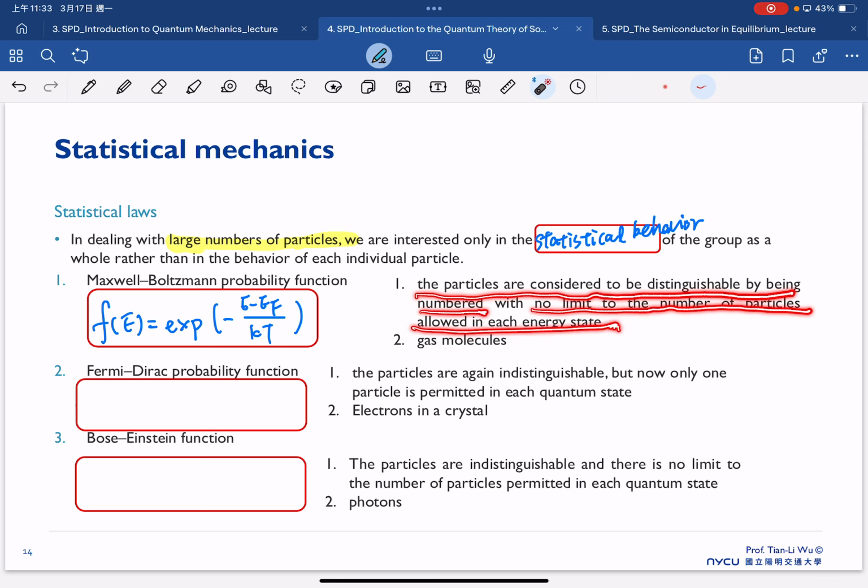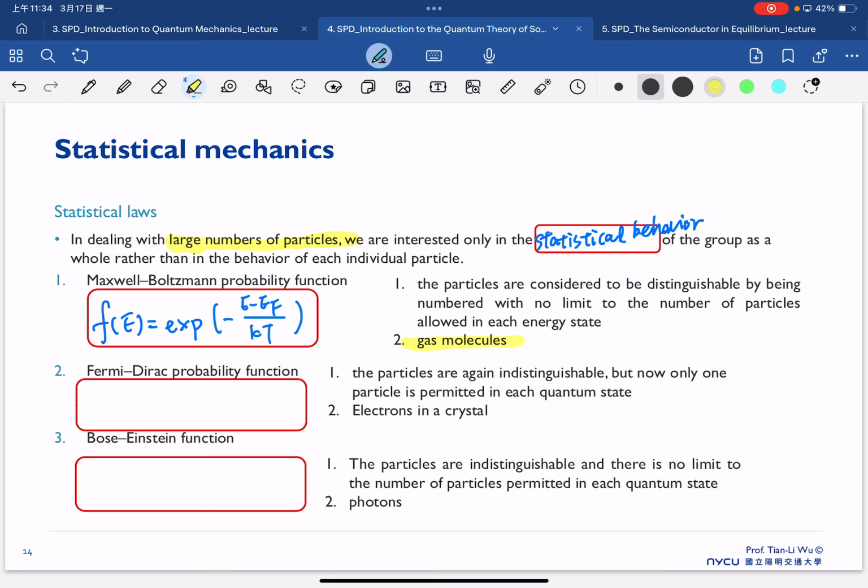That means a state can contain as many particles as you like, and there is only one specific case for this, which is gas molecules. Consider gas: you can have as many gas molecules as you like in this room. That's why Maxwell-Boltzmann can only be used to consider gas molecules.